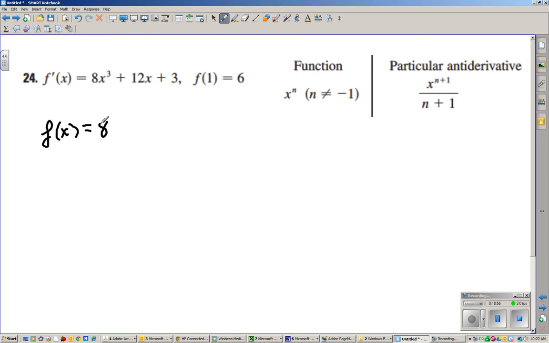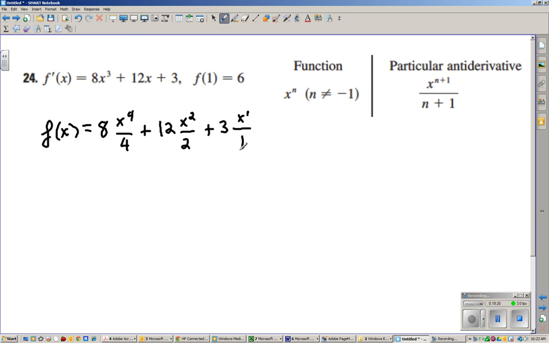We put down the 8, that is that constant, and then we say, okay, add 1 to the exponent, divide by that number. Do it again. We've got 12 times, well, won't it be x squared over 2? We've got 3, and won't it become x to the first over 1?